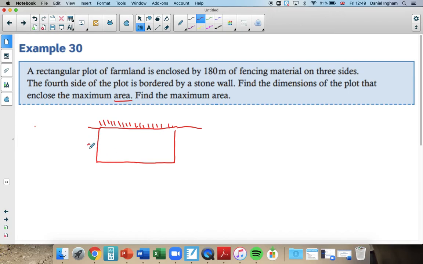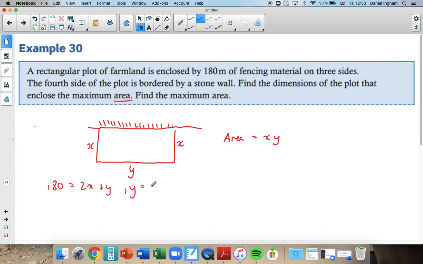Now, if we let the shorter sides be x and the longer side be y, for example, we know the area is xy. We also know that if the total length of this fencing is 180, then 180 is 2x plus y.